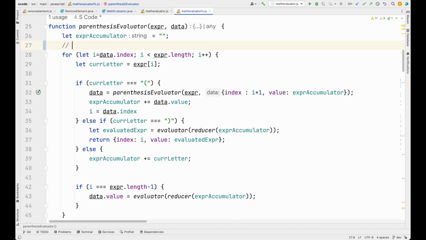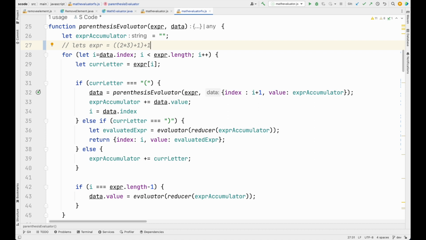So let's say that our expression that's being passed in as an argument to this function is equal to open parentheses, another open parentheses, 2 times 3, closing it off, and plus 1, close parentheses, plus 1.